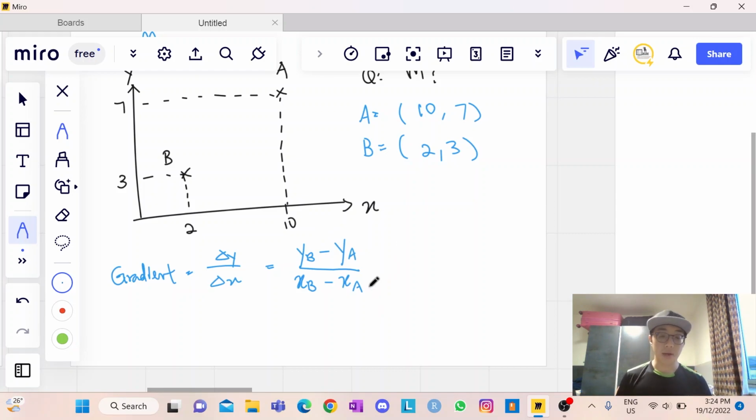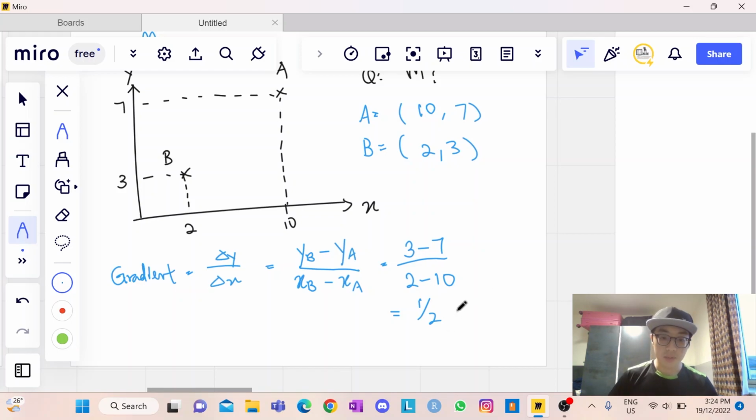You don't have to memorize this, you just need to know what a gradient is: the change in y over the change in x. So y of B is 3 and y of A is 7, so 3 minus 7, divided by x of B which is 2 and x of A which is 10. By simple calculation you get 1 over 2. So the gradient is 1 over 2.